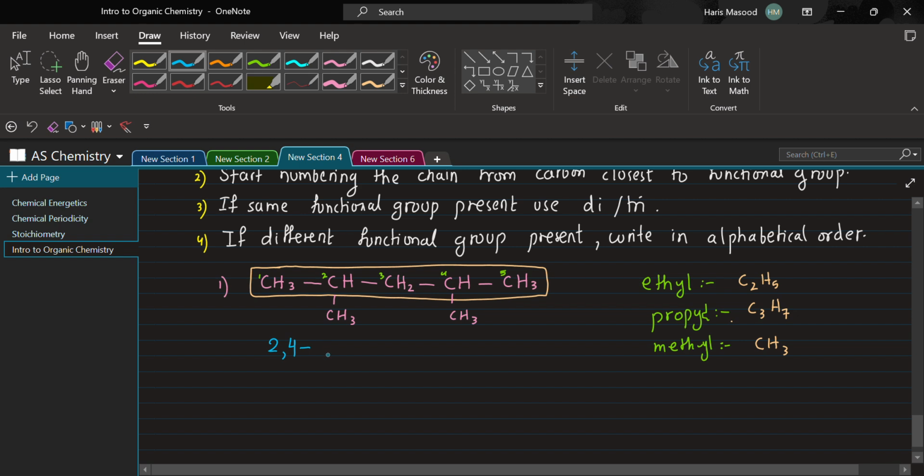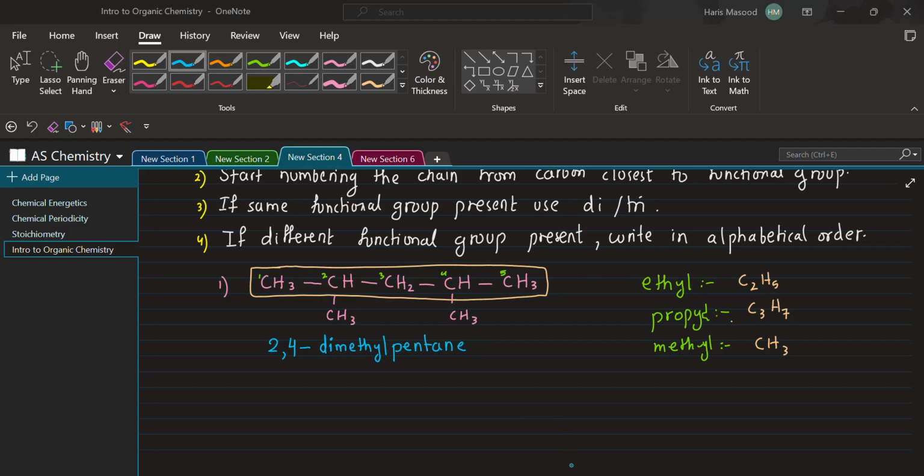So we will write dimethyl, and our parent chain was of how many carbons? 5, so it would be pentane. Clear?